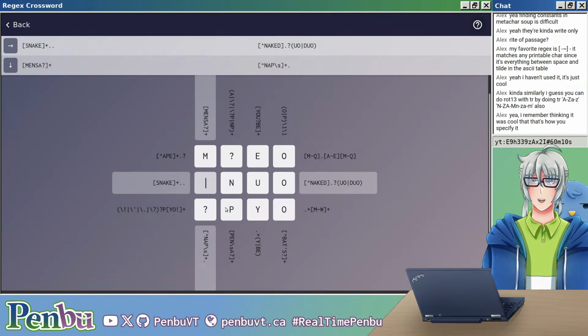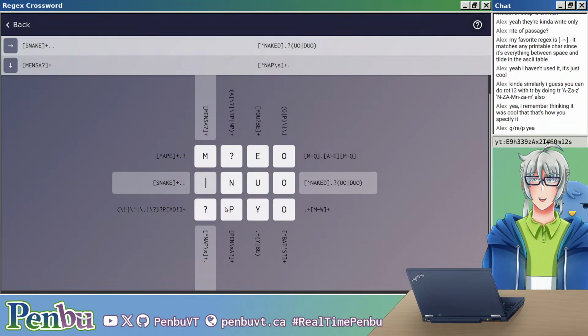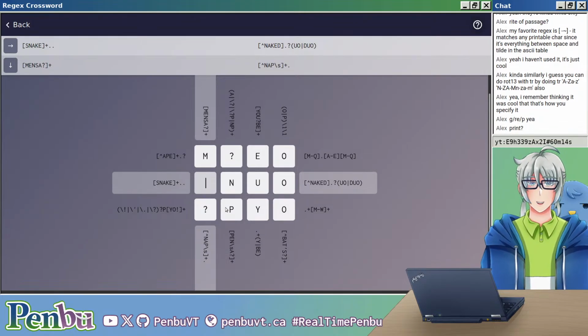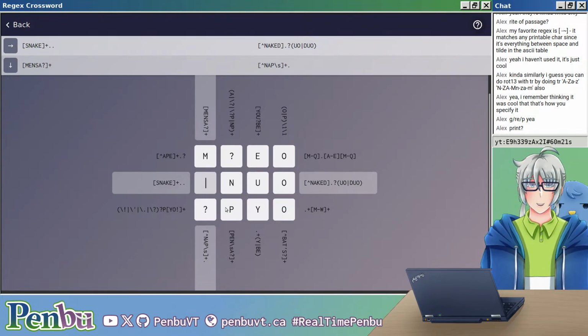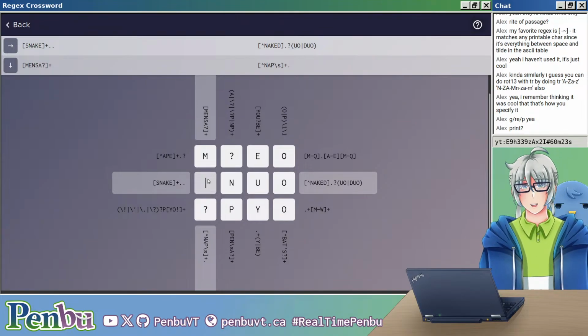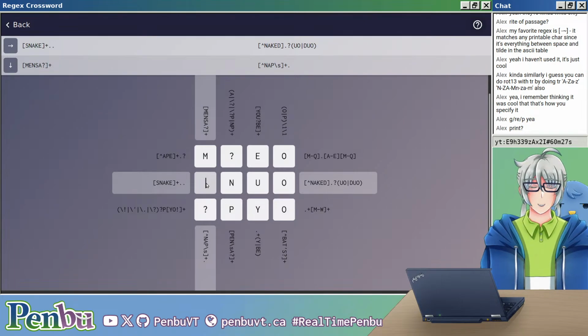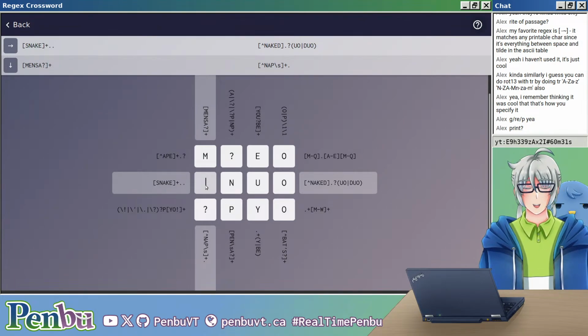No, that's not quite right. Oh, print. Right. P is the print command. Yeah. And then Vim took that as well. And so that's why you get that in Vim. I do want to show off ed on stream at some point. I just need to figure out something to do with it.